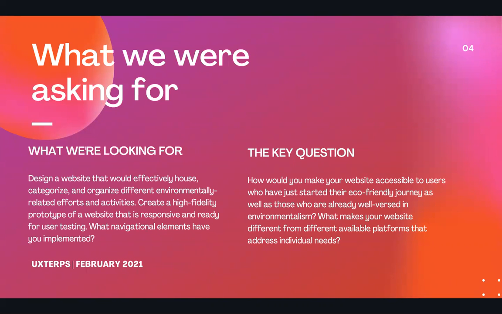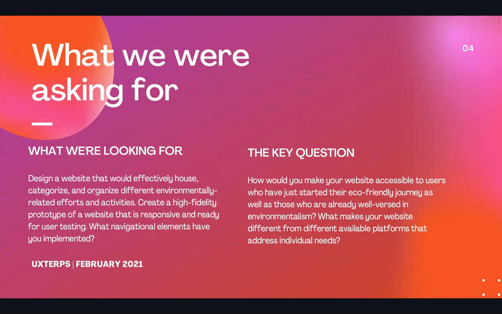But all we're asking for is a high fidelity prototype of a website that's responsive and would be ready for user testing. You don't necessarily need to do user testing if it's not convenient at this time, totally understandable, but just so that it's ready for user testing. And specifically ask yourself throughout the creation of your website, what navigational elements have you implemented and whether those make sense with the information you're presenting.